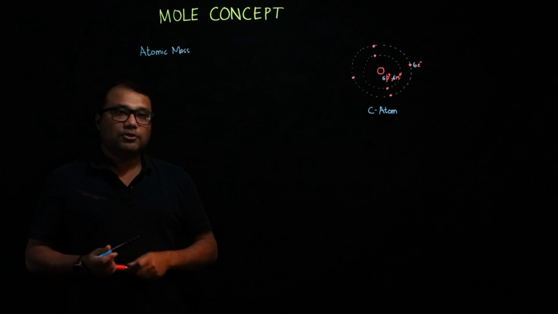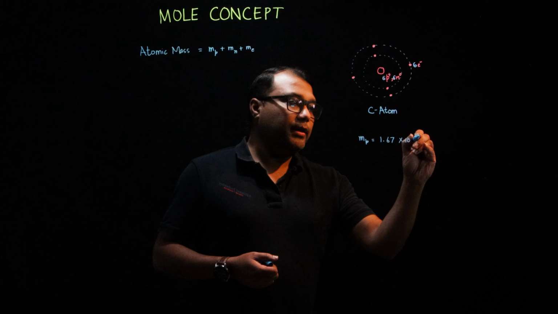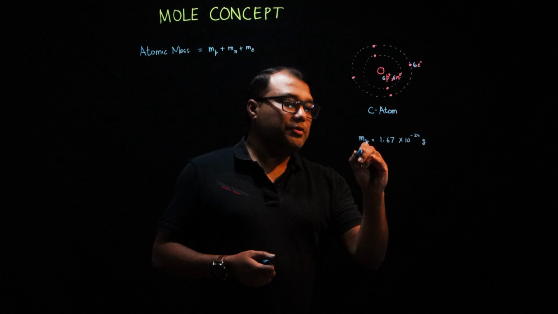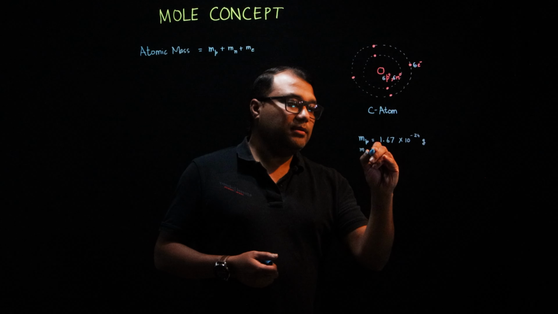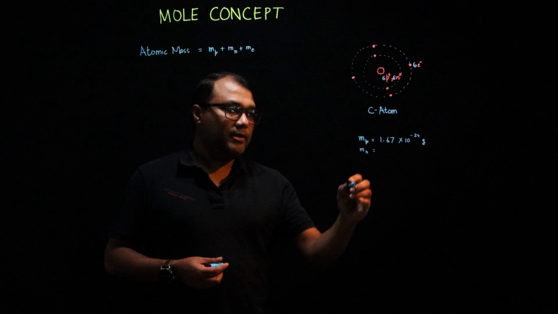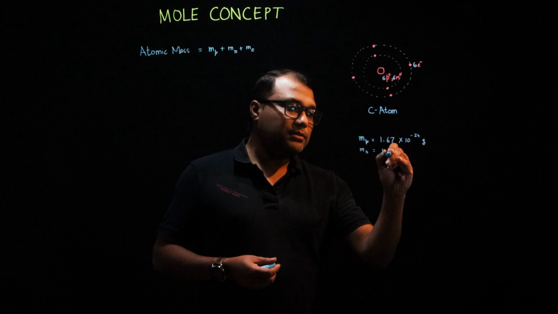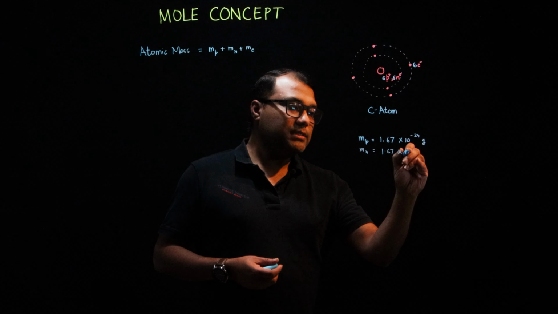Now mass of protons in terms of grams is 1.67 x 10^-24 grams. Mass of neutrons is also roughly the same as the protons, so we will assume it's the same as the mass of proton, which is 1.67 x 10^-24 gram.